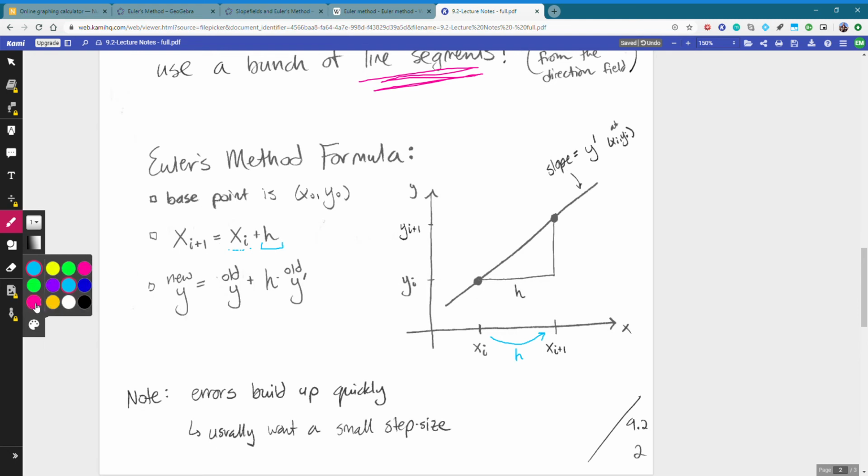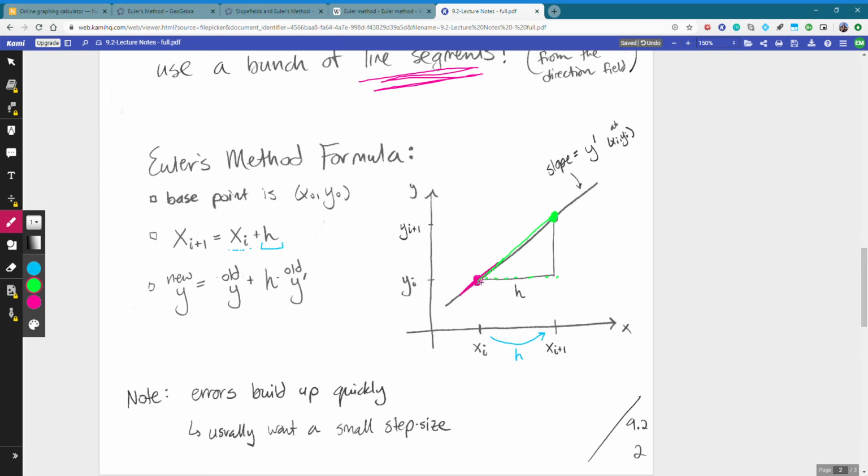And so just like we were doing a moment ago, if we're imagining starting here at a particular point, well, from the direction field, we can get the slope that we should have there. So let's imagine that this is a little piece of the direction field. Well, then we would want to move in that direction a certain amount, let x change by that h.